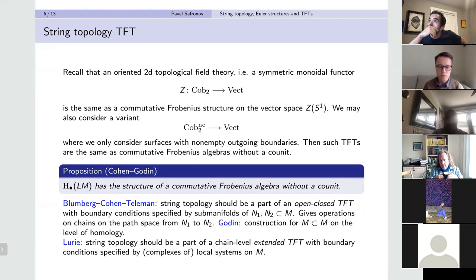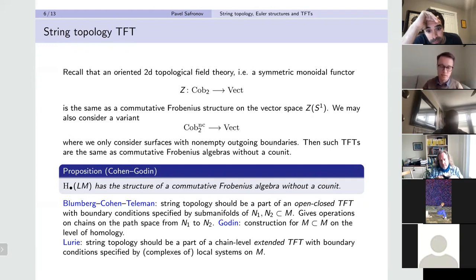In the setting of open-closed TFT, there was a construction of Godin again of an open-closed TFT underlying string topology, where you look at cobordisms whose endpoints are allowed to lie on submanifolds, but for Godin's version it's just the manifold itself.